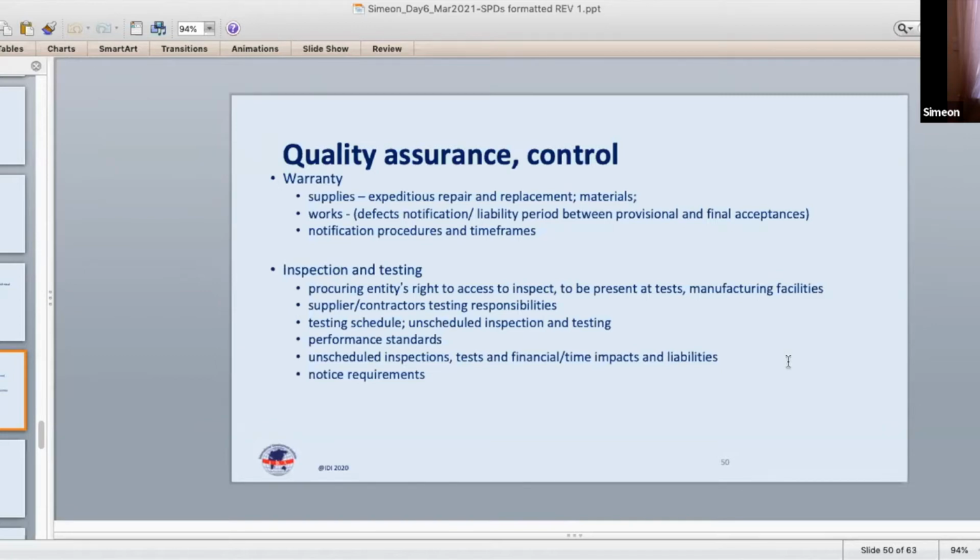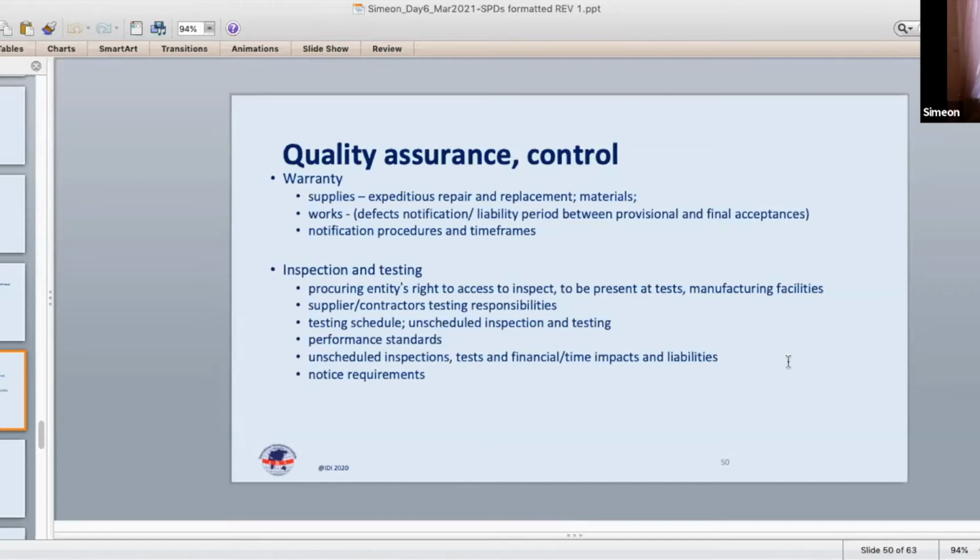And attendant to that, to trigger the application of those sorts of warranty obligations, the contract will typically specify the reporting obligations. In other words, the notification obligations.